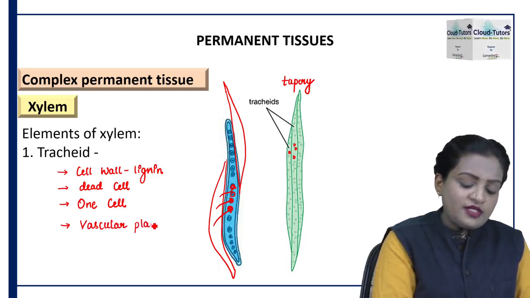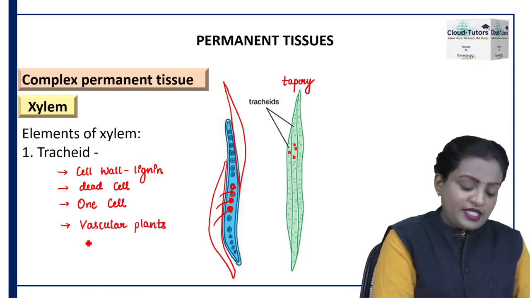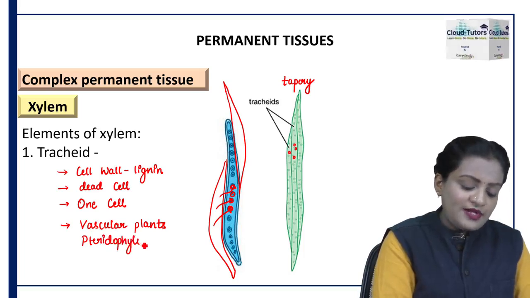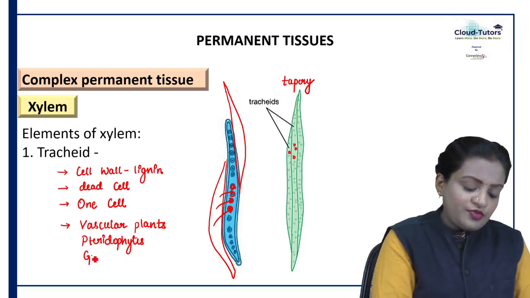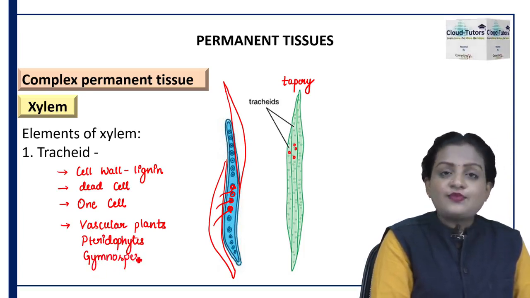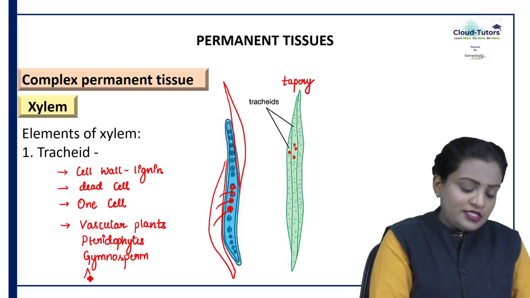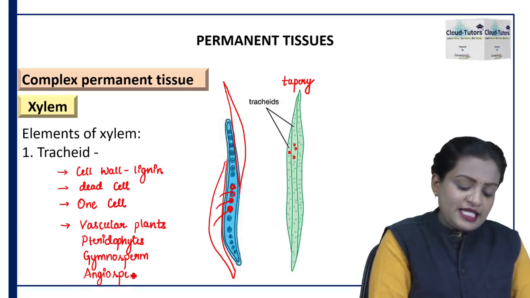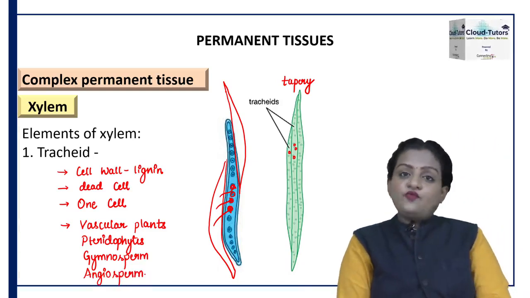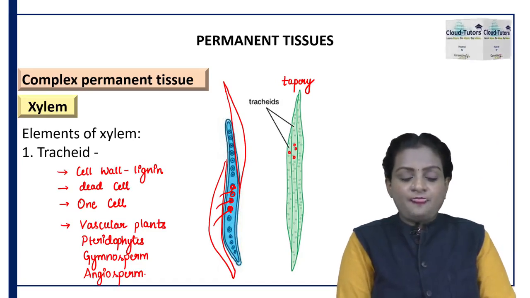So all vascular plants will have tracheids, that is our pteridophytes, the first land plants, our gymnosperms, the seed bearing but naked seed bearing plants, and last our angiosperms. So all these 3 categories of vascular plants will have tracheids.